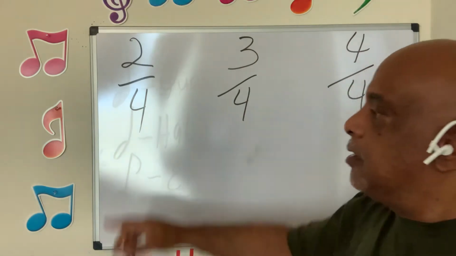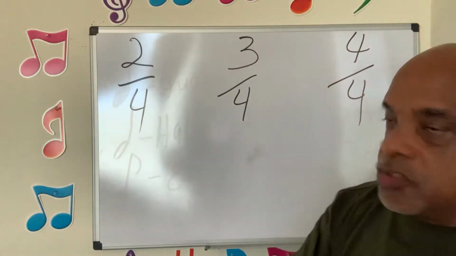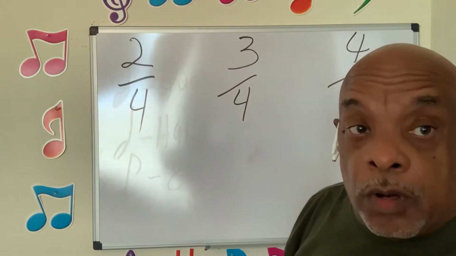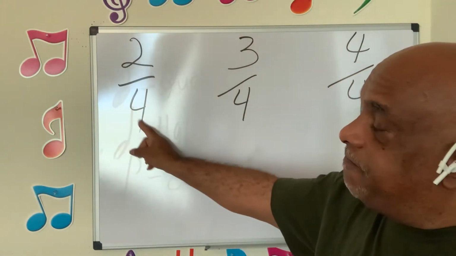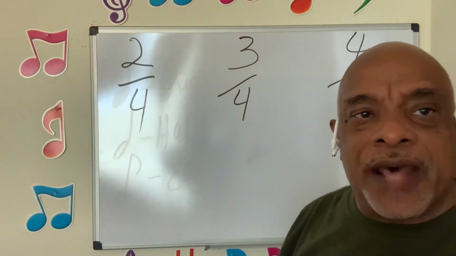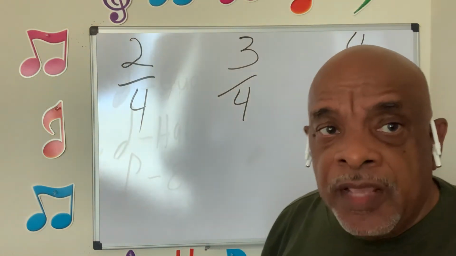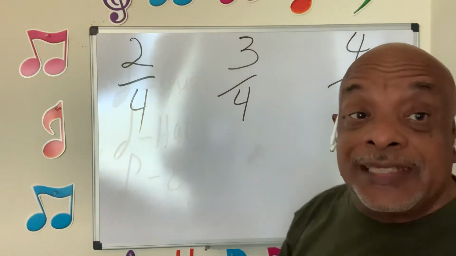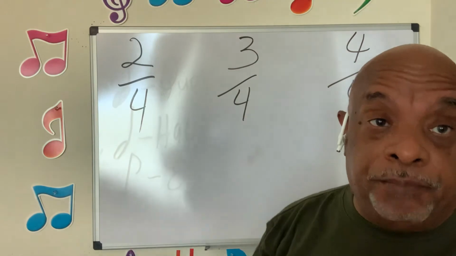Now, here we go. The bottom number: as long as there's a 4 at the bottom, even if it's 10/4, that tells me that each quarter note is going to get 1 beat.